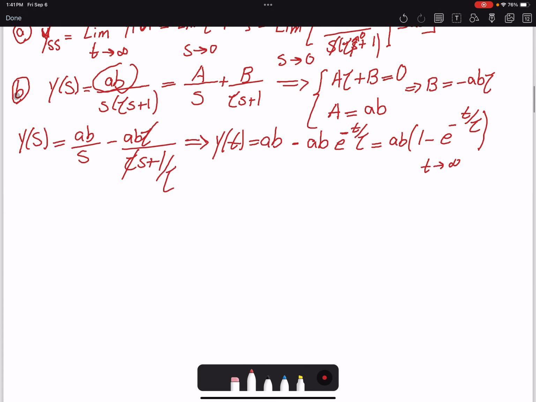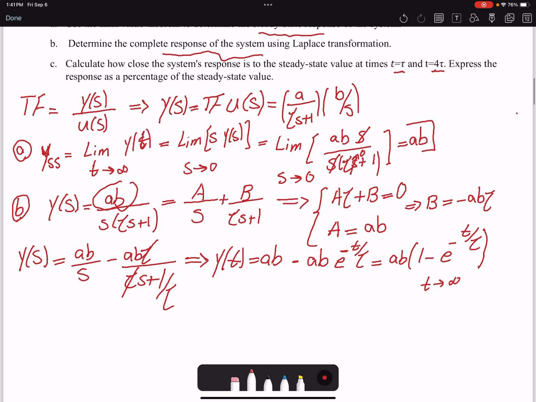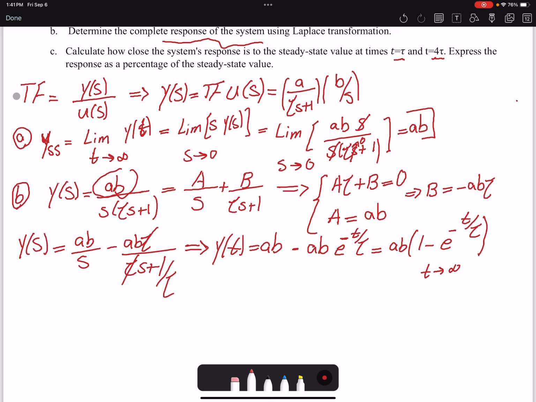Sorry for that. Now we're going to calculate how close the system response is to the steady state value. Part C is very easy. You're just plugging in the value. The first one is t equals tau. So I'm going to plug in that value.